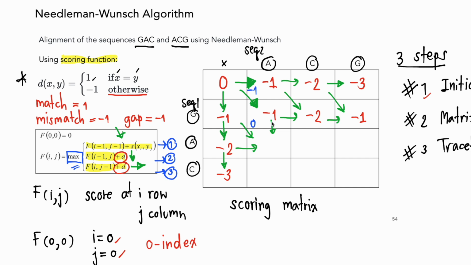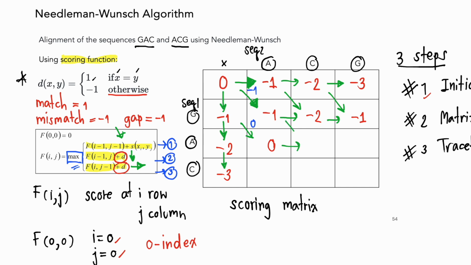From the score from the top cell and left cell, we have to add with gap penalty score -1. -1, -1, -2. -2, -1, -3. So the maximum value is 0. I will put 0 here. And remove the arrow and score from other directions. And I will go on to the next cell.